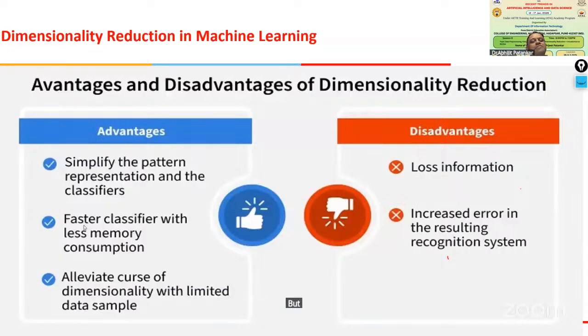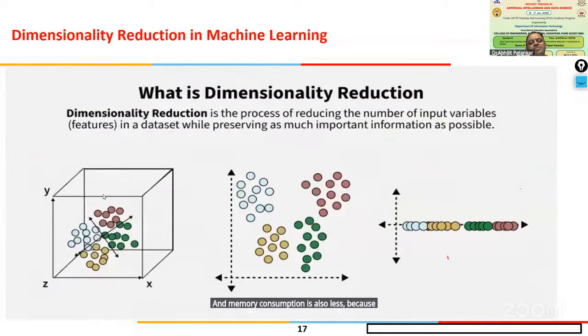But if we simplify the pattern into a single dimension, a 1D array, then representation and classification become very easy. We get a faster classifier with less memory consumption. We apply the classifier very fast, and memory consumption is also less because we are reducing multiple dimensions to a single dimension.